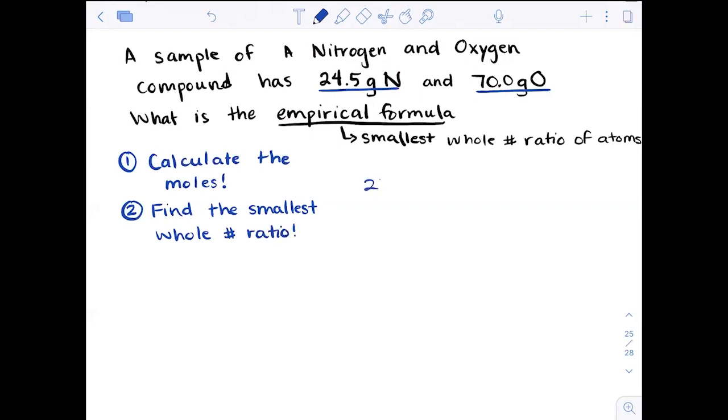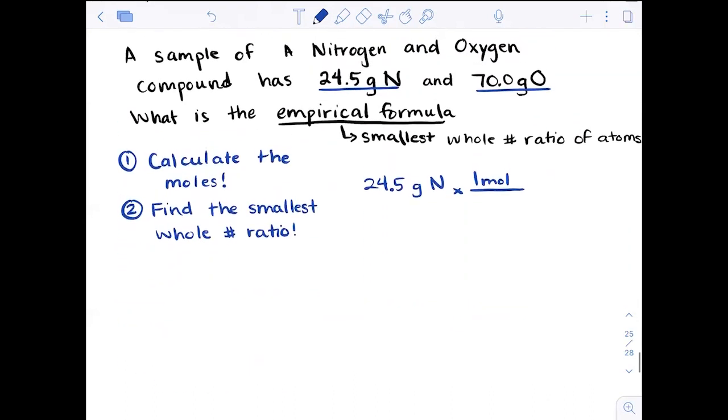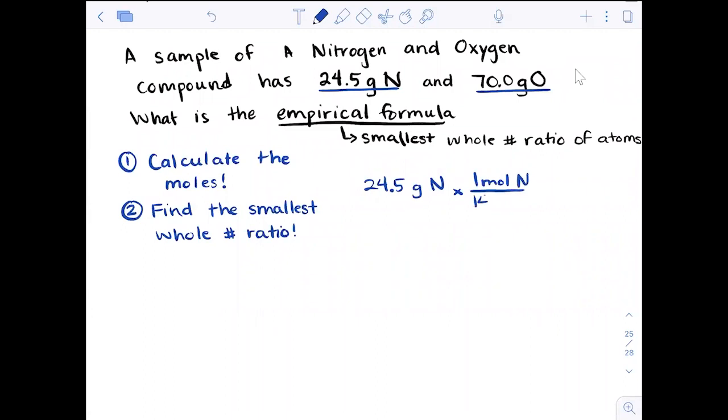So let's take 24.5 grams of nitrogen. Again, that is just a periodic table elemental nitrogen, not a molecule. So we are looking at using our molar masses or our atomic masses here. For nitrogen, we look on the periodic table, and that is 14.007 grams.